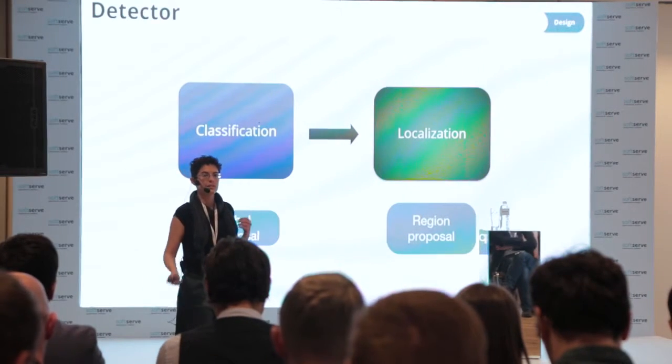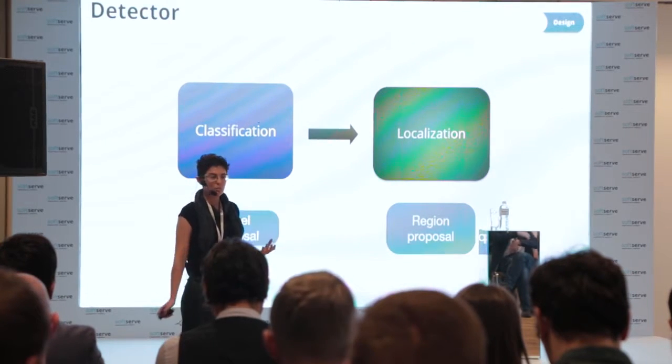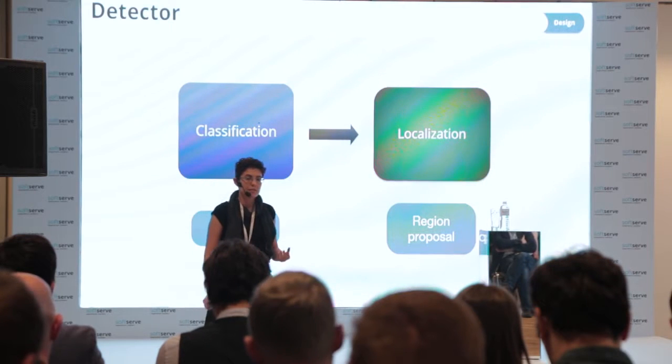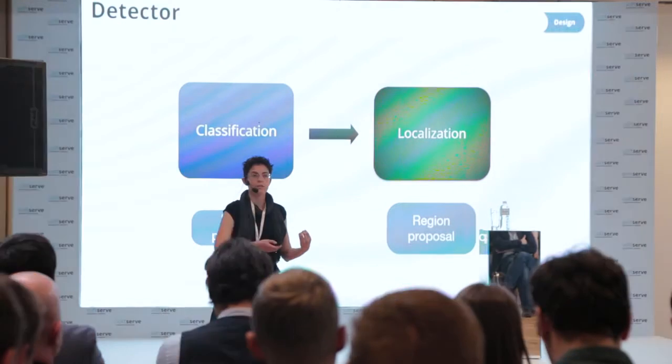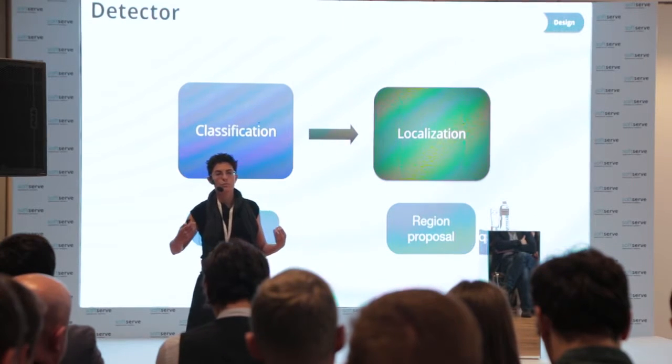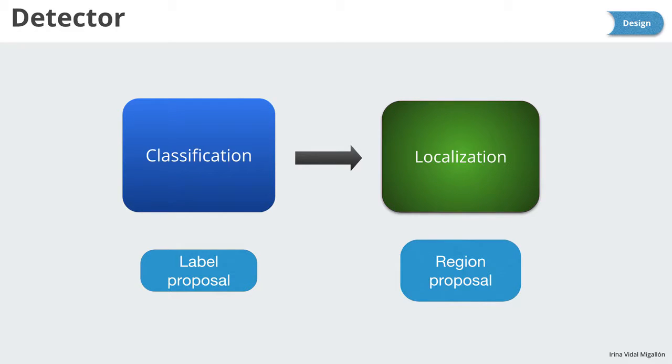So you see it as, say, Lego blocks. You can see the detector as two Lego blocks, interchangeable to an extent, where the classifying block is responsible for proposing a label, and the localization block is responsible for proposing an actual region, a bounding box around your target label.